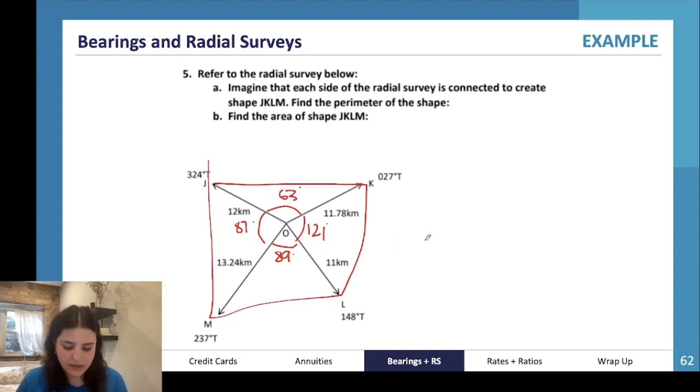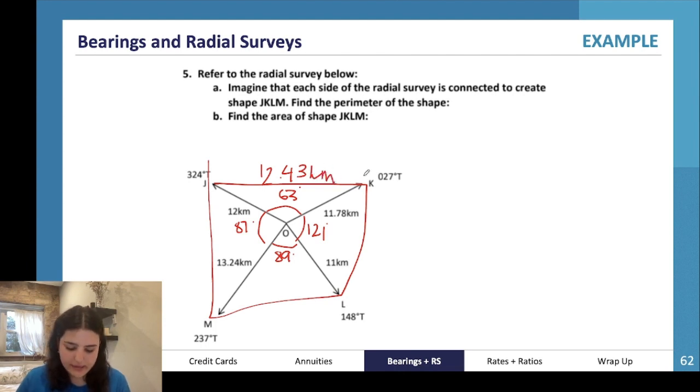So the first one is going to be 12 squared plus 11.78 squared minus 2 times 12 times 11.78 times cos 63. And that, once square rooted, is going to be 12.43 kilometers.